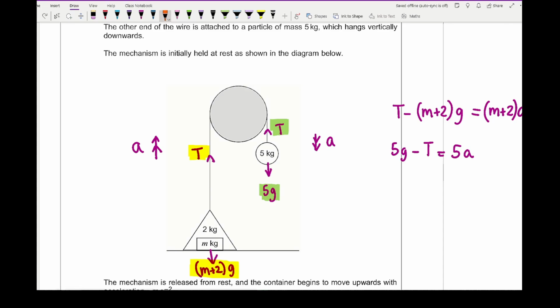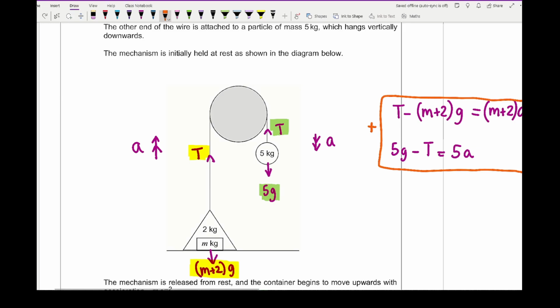Now within this set of simultaneous equations we've got two unknowns, which is T and a, but what we want to do is just find a. Now in order to eliminate T, you could make T the subject and use substitution, or equally you could add these two equations together, and by adding the two equations together, T add negative T will cancel out.